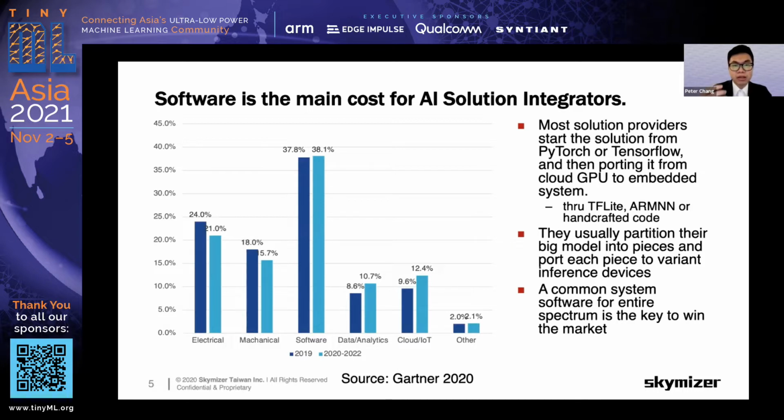Actually, nearly 40% they spend on software. They need to figure out how to find the proper hardware, and how to find the best trade-off strategy to shrink their model to fit hardware with limited memory, and it costs a lot.